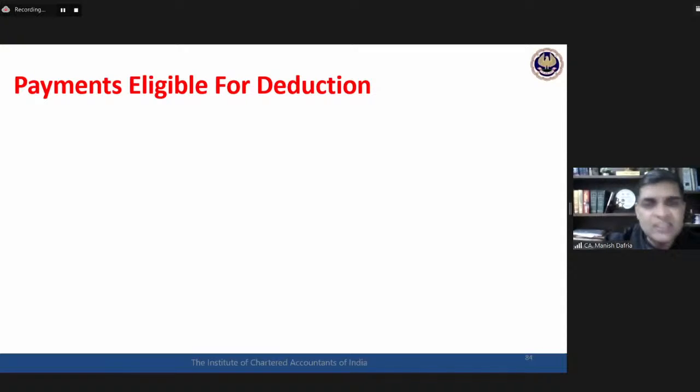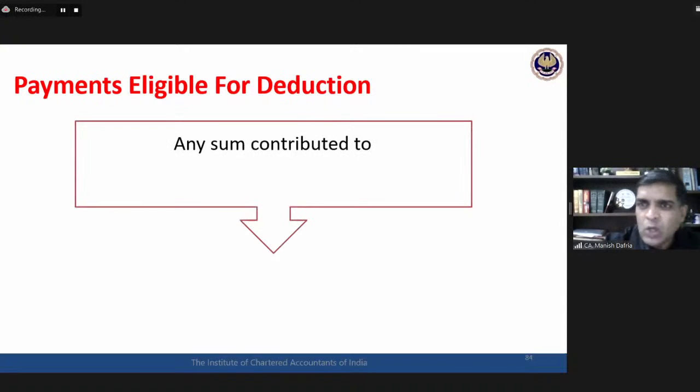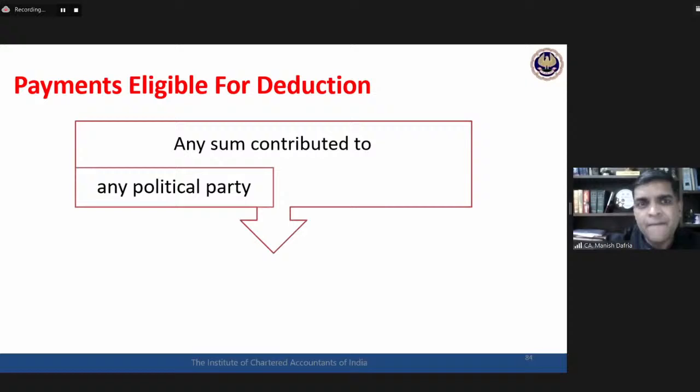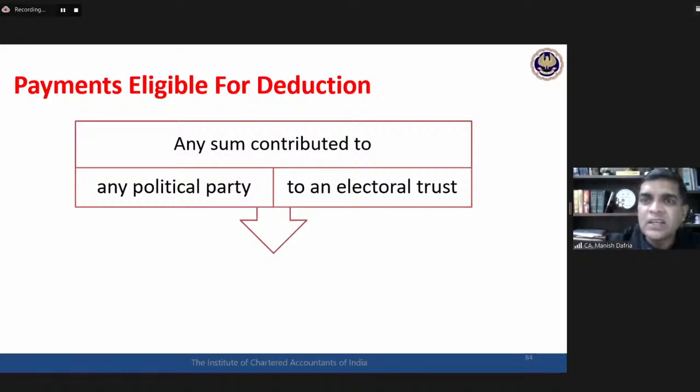What is eligible for deduction? This is common in both the sections. Any amount contributed to a political party, any donation given to a political party, will qualify for the purpose of the 80GGB, 80GGC deduction. You can give a donation either to a political party, or you can give a donation to an electoral trust.